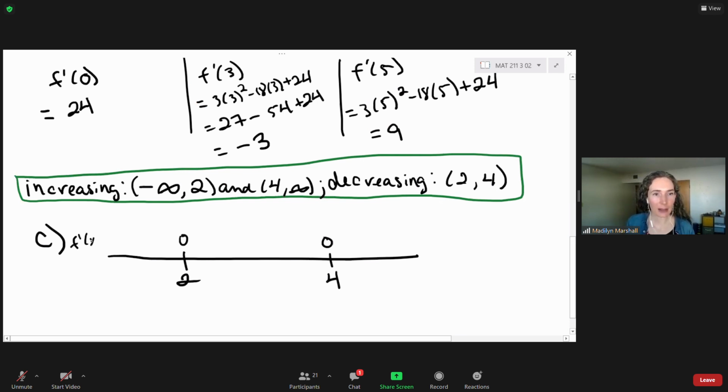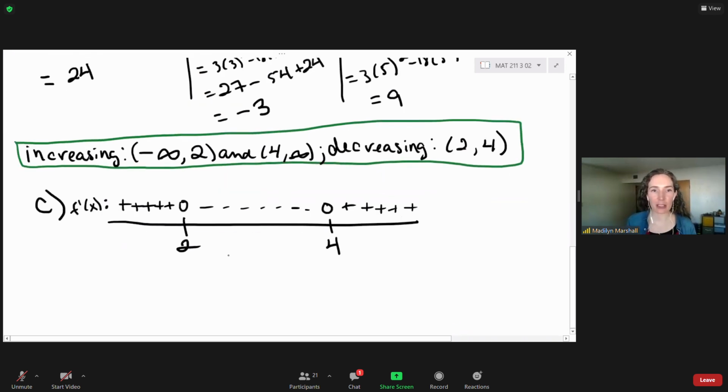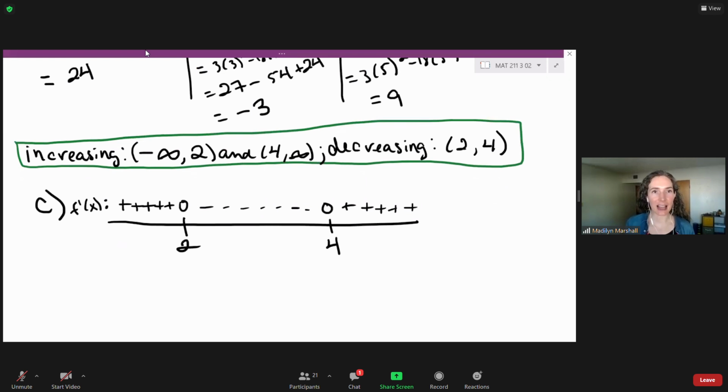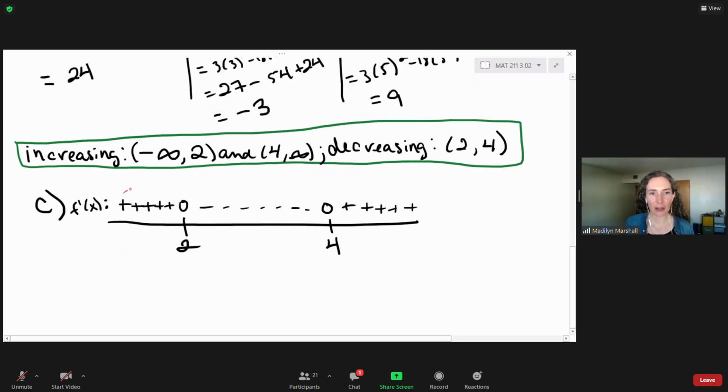F prime was positive here. If we just imagine this graph, the graph is going up, up, up until 2, and then it's going down, and then it's going back up.